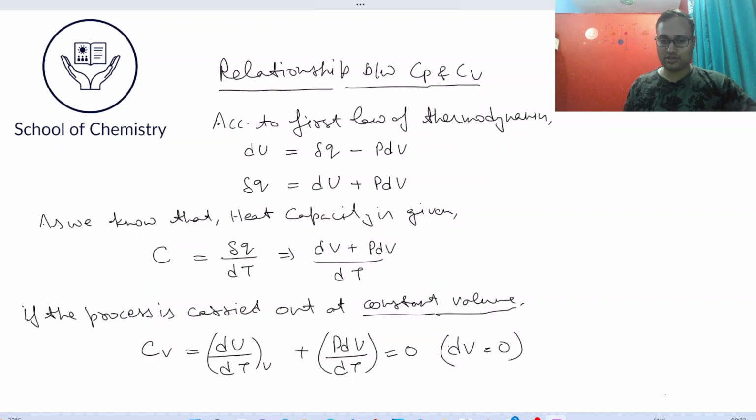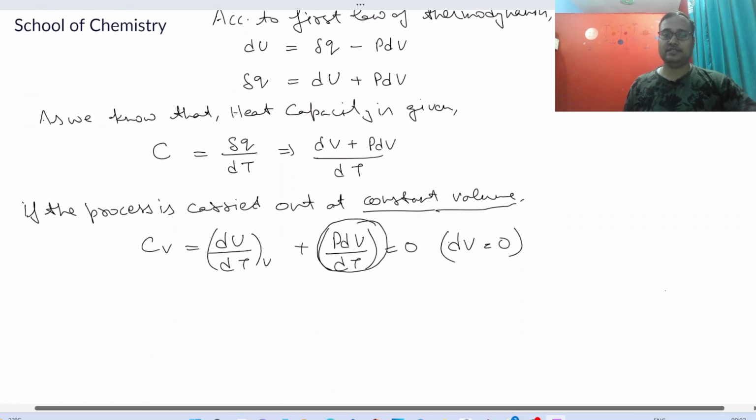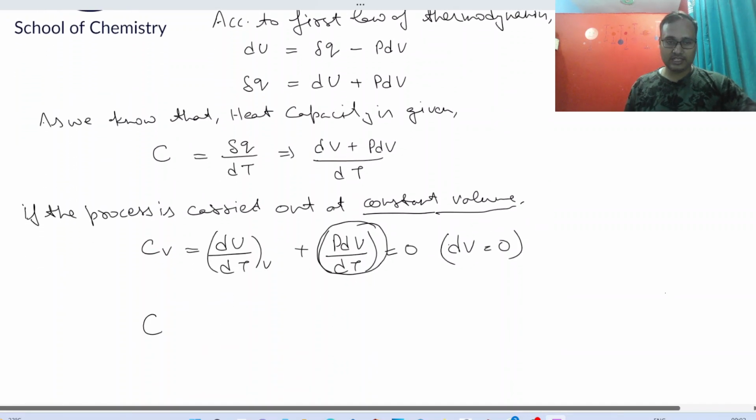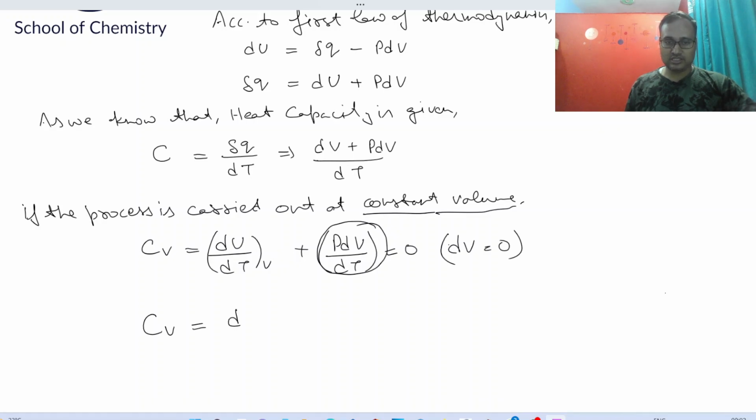So the molar heat capacity at constant volume can be written as the internal energy change dU upon dT at constant volume. Let it be equation number 1.